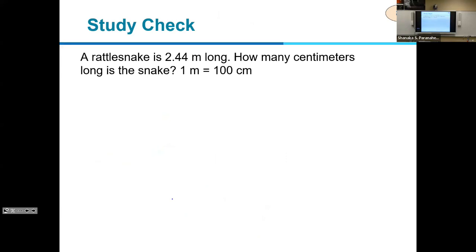Okay, this is another quick question. A rattlesnake is 8.44 meters long, and how many centimeters long is the snake?